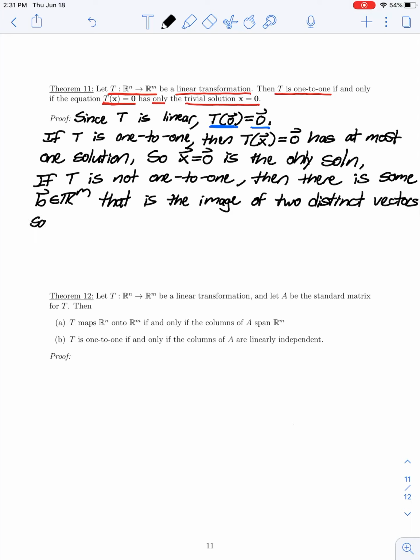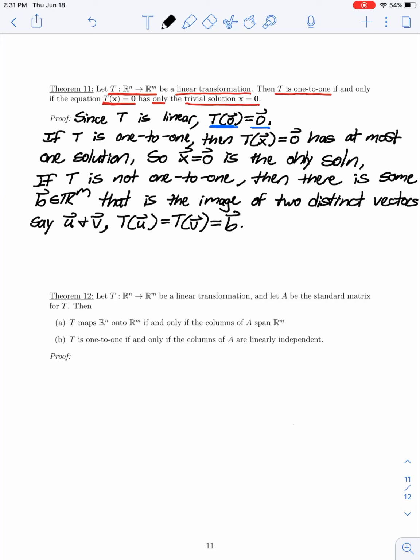So let's say, for instance, U and V, where T of U and T of V both have the same image, say B.